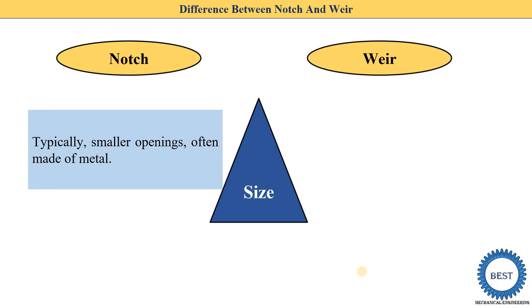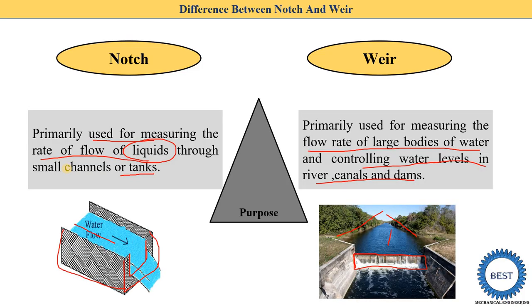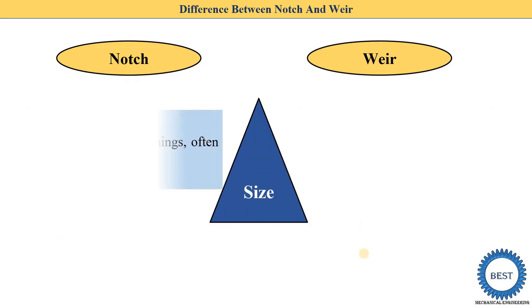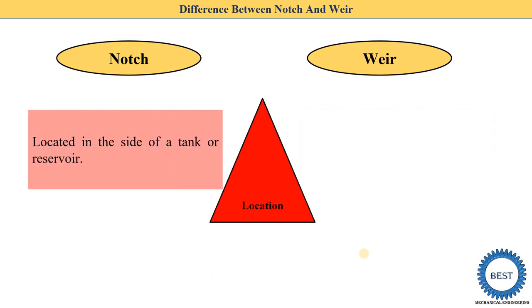Now the second difference is about the size. Notches are smaller in size and made of metals, and the weir is a large structure often made from concrete or masonry structures. In the last image we already saw that the canal or river is a big construction, while an open channel or a tank is a small structure. The third difference is about the location.